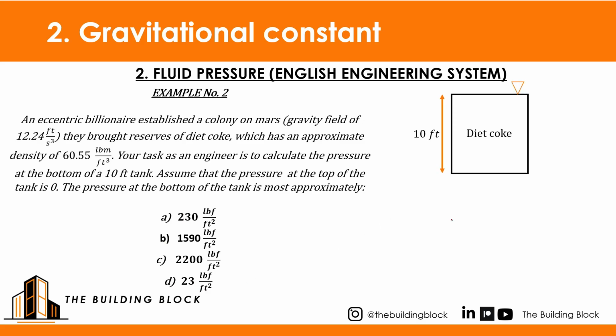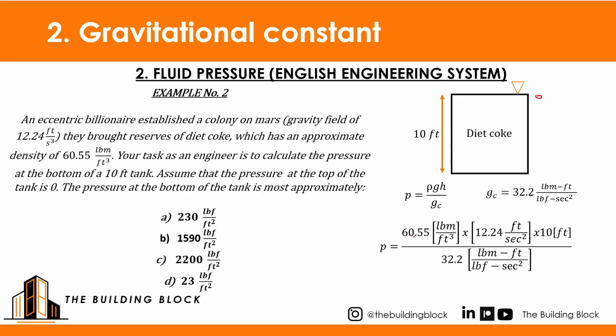Let's break it down. You have Diet Coke in the tank, starting with 0 pressure at the top. Remember, fluid pressure can be calculated using this equation. We have all the necessary data to calculate it. The density is 60.55 pounds mass per cubic foot. The gravitational acceleration field is 12.24 feet per second squared, and the height of the fluid is 10 feet.